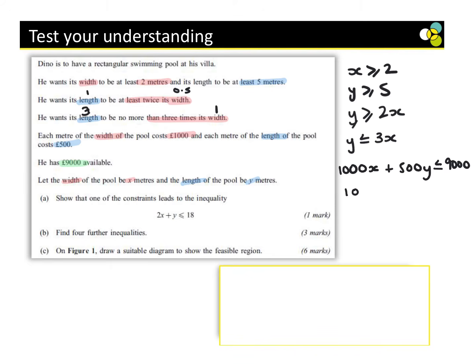Yeah, I could divide everything by 500. Let's just, I don't want to do that yet. Okay, now I'm going to divide everything by 5. 2x plus y is less than or equal to 18. Yeah, okay. Everyone happy? I have all my constraints. Yeah? Brilliant. Okay, next question.